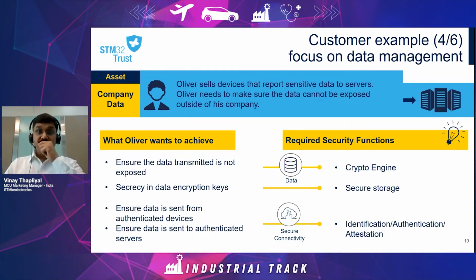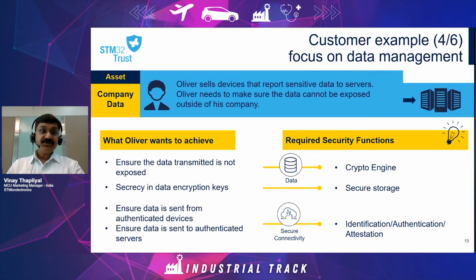Let's take one more example, which is focusing on data management. So here the asset is company data. Let's see the person Oliver, who sells devices that report sensitive data to servers. Oliver needs to make sure the data cannot be exposed outside his company. So what does Oliver need to achieve?